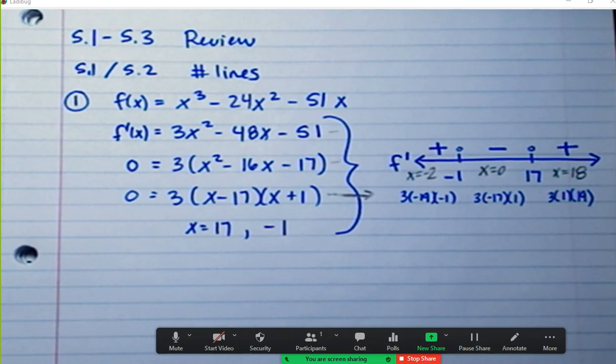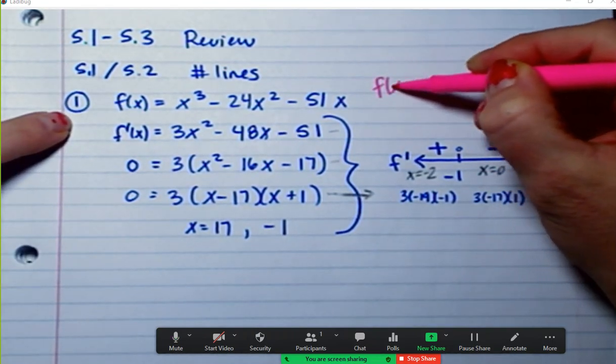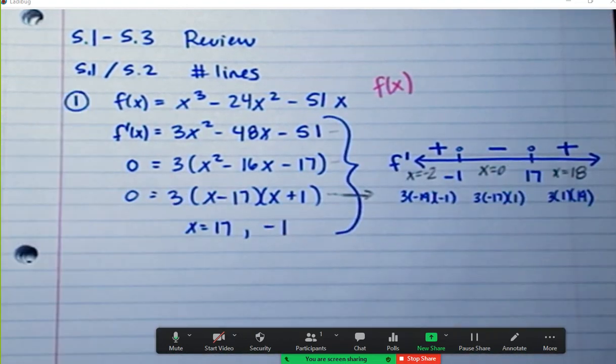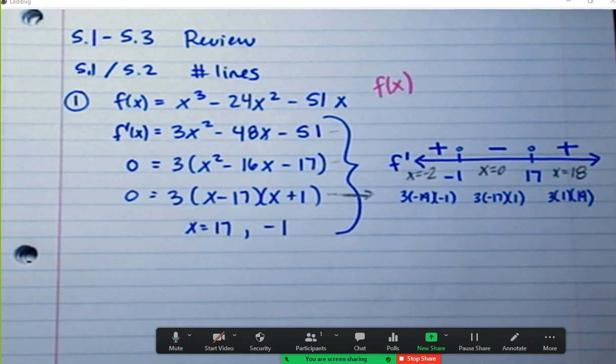All right, I'm going to switch colors because I'm going to do my fun chart, all right? Now, f of x, that's the original. If this is the f prime number line, it tells me whether the original is increasing or decreasing.